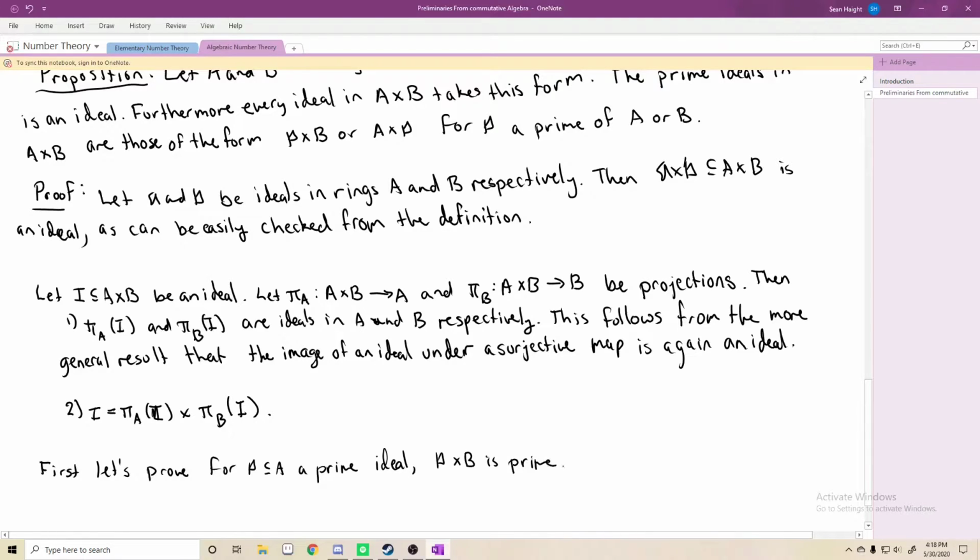Note that by symmetry, A cross P will also be prime when P is a prime ideal in B.